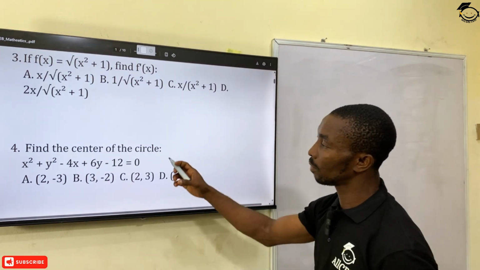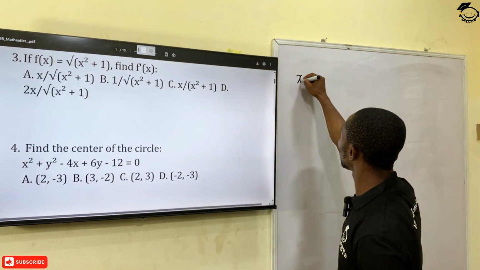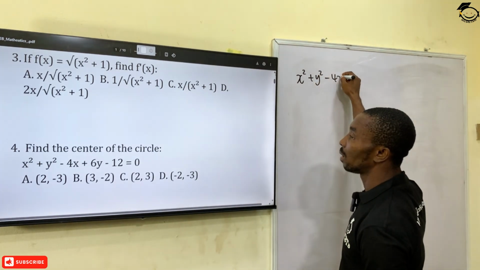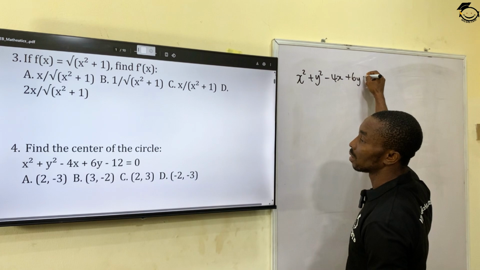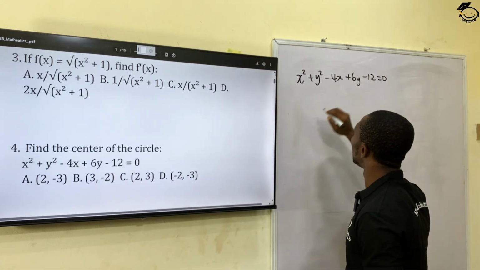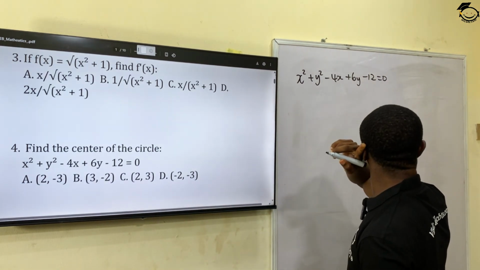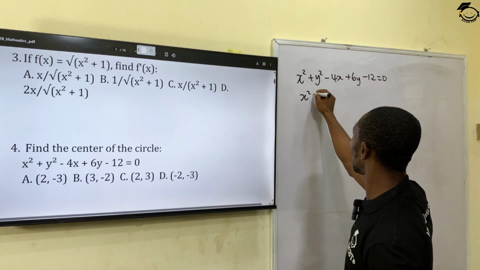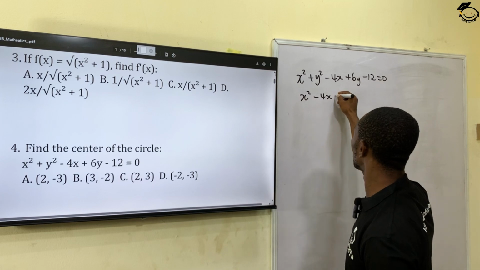Find the center of the circle in your equation x squared plus y squared minus 4x plus 6y minus 12 equals 0. Now if we apply the completing the square method here, this becomes x squared minus 4x.